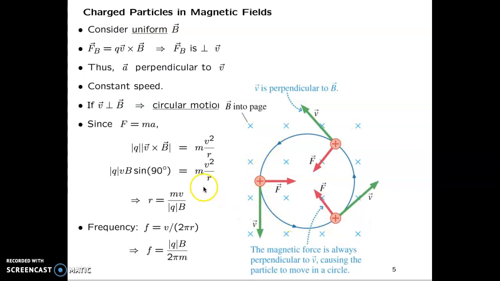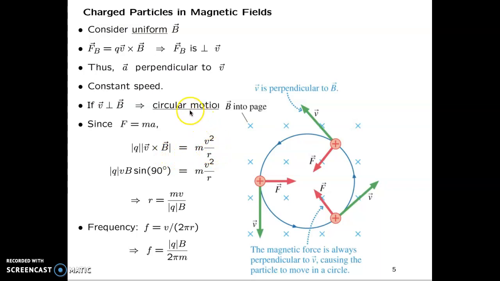Let's look at the consequence of that. We know that from Newton's second law, the force is equal to mass times the acceleration. I've written that equation in magnitude form. So this is the magnitude of the force, and here's the magnetic force, the magnitude of Q, magnitude of V cross B. On the other side, we have mass times the magnitude of the acceleration.